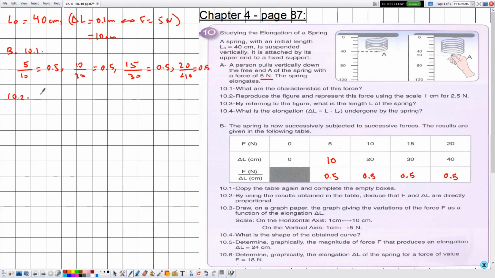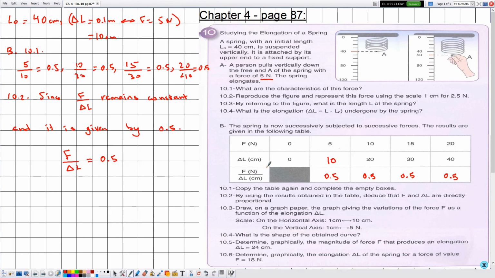Then let's say since F over delta L remains constant, and it is given by 0.5, then we can say that F over delta L is equal to 0.5.